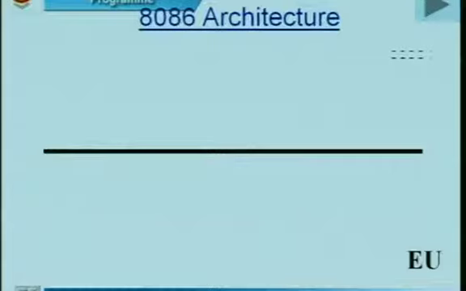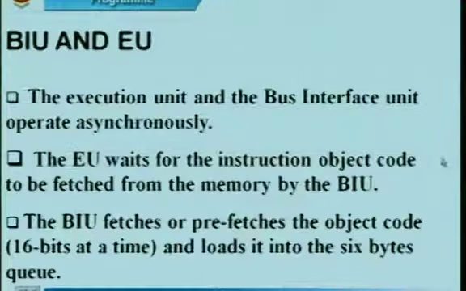As I have mentioned earlier, we have a line separating the bus interface unit and execution unit, and let us go to the next one, which talks about what exactly the bus interface unit and execution unit do. The bus interface unit and execution unit operate asynchronously, which means that they can operate independently. The execution unit waits for the instruction object code to be fetched from the memory by the bus interface unit.